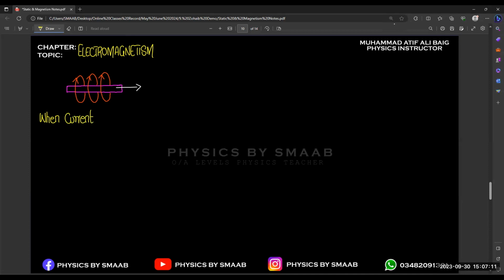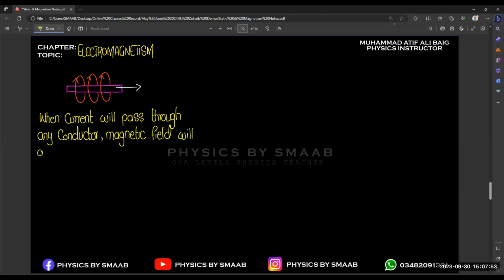when current is passed through any conductor, a magnetic field will generate around it, around the conductor.